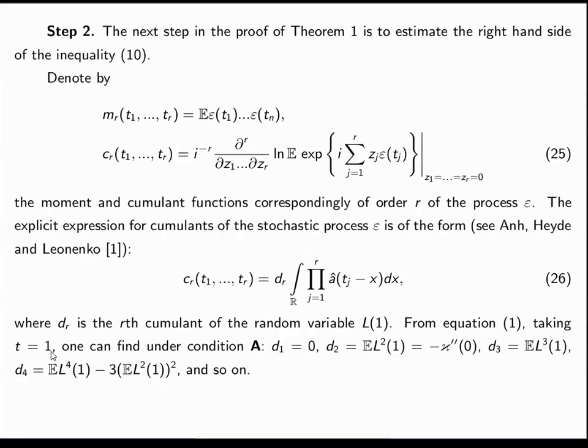From equation 1, taking t equals 1 and according to condition A, these cumulants can be calculated, and here we give examples of the first four cumulants. For example, d1 is equal to 0 according to condition A, and d2 is the second moment of the random variable L of 1, and so on.